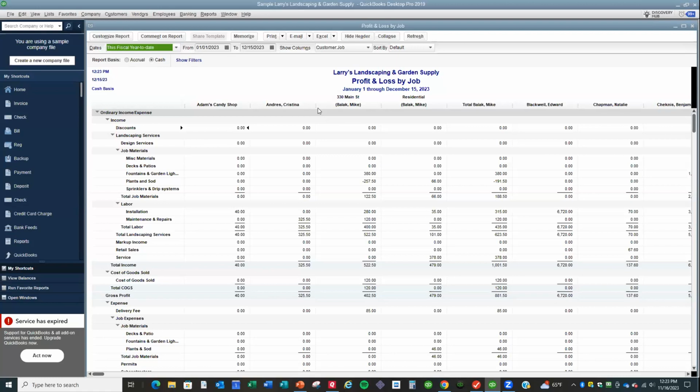This generic version really only gives you this one by job, but this is where you can see, if you tag your expenses, at least your direct cost expenses, your job supplies, things like that, to a customer job, then you can create a report to show your income by each of these customers, and what your job costs are.